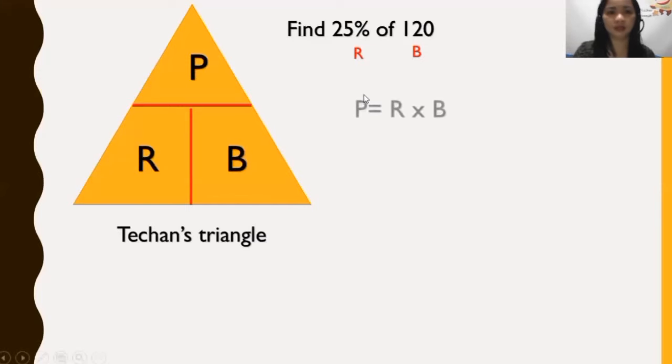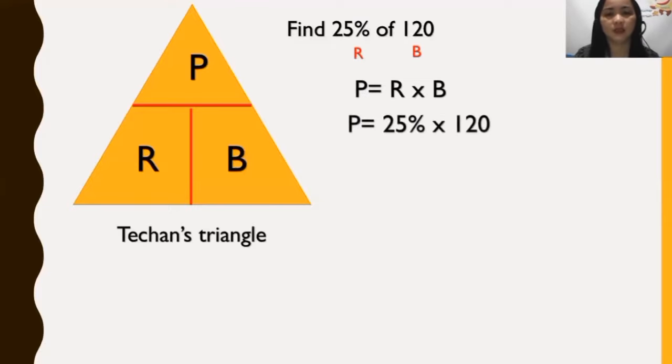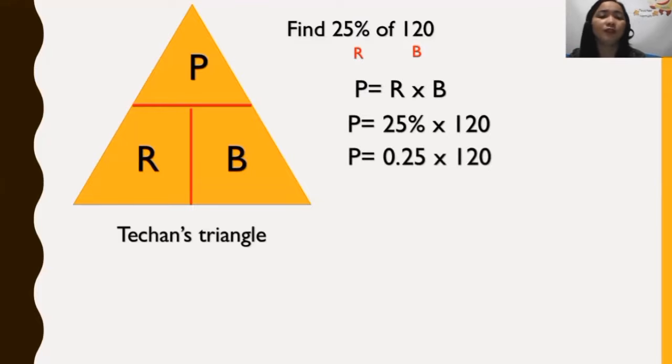Yes, the missing is percentage. So we have percentage is equal to rate times base. Substituting the value, we have percentage is equal to 25% times 120. And then this will become 25 hundredths times 120 by changing 25% to decimal.